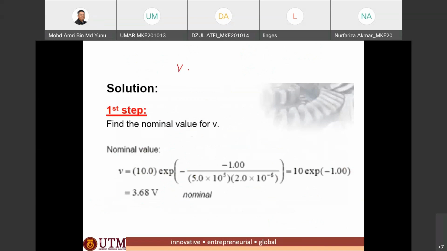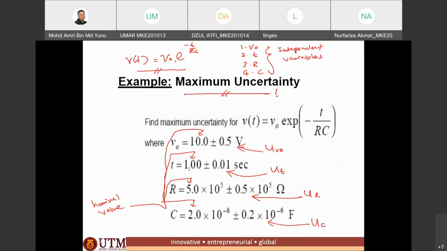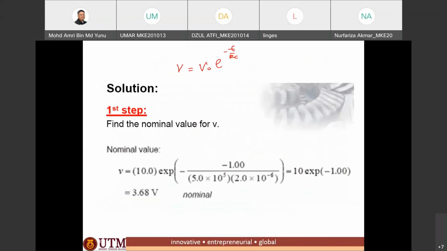So we need to find what V equals, V out exponent negative t over RC. Find the nominal value, because we know all the nominal values for the independent variables. So we need to know the nominal value for the calculated measurement, or the calculated variable here.